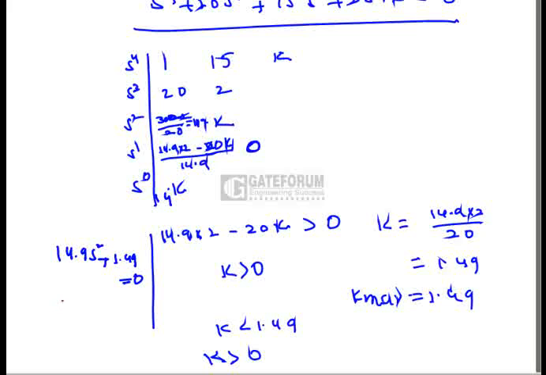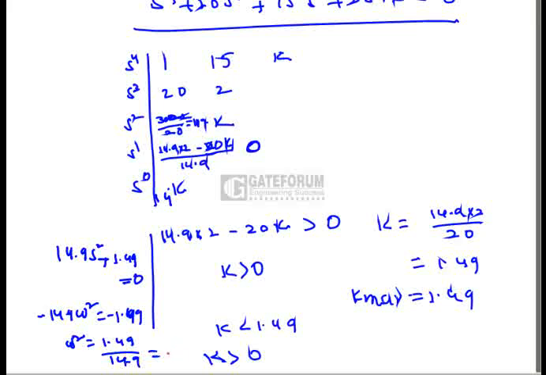If you solve this, because s square is nothing but minus omega square, with s equal to j omega, if you substitute here, that means 14.9 omega square equals 1.49.